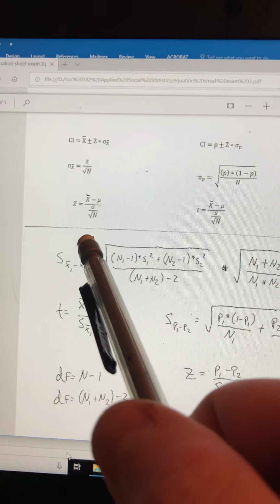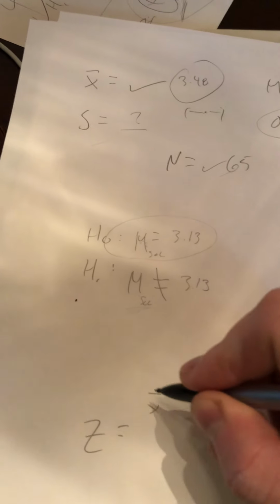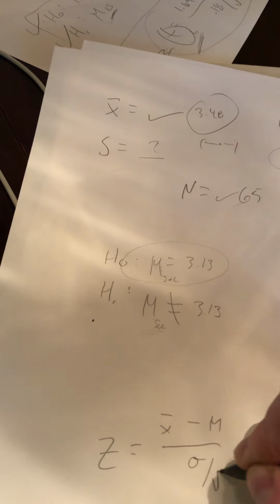So here's your equation for the Z test statistic. Okay, so it's just Z is equal to the sample mean minus the population mean divided by the population standard deviation over the square root of n.